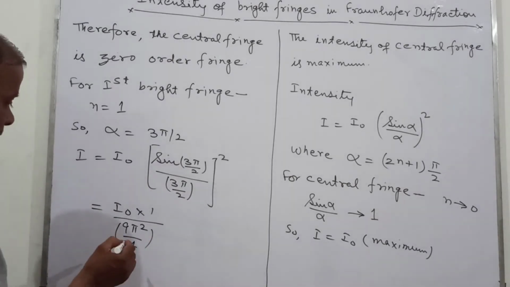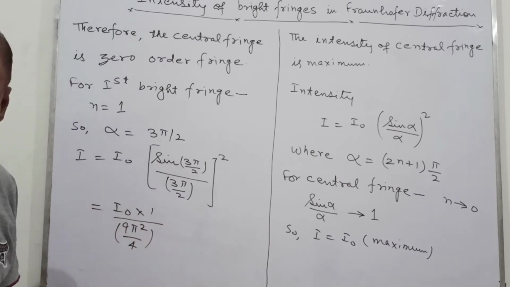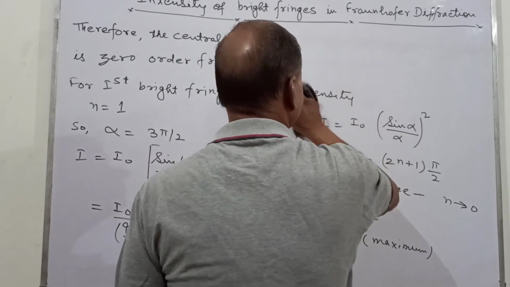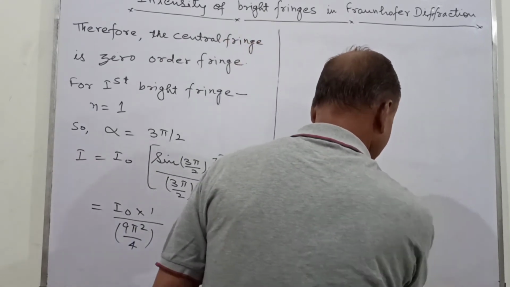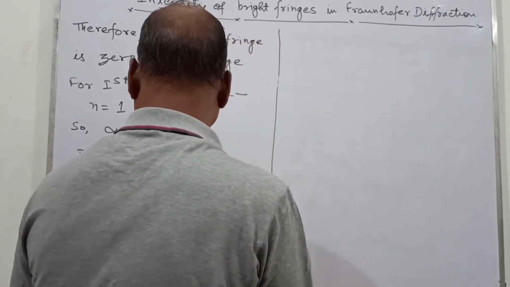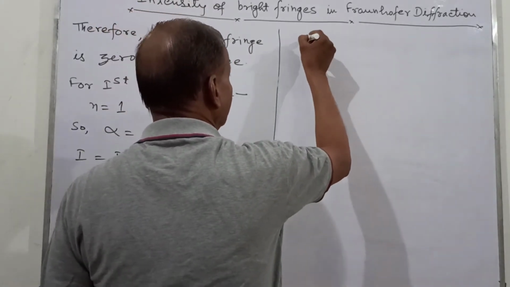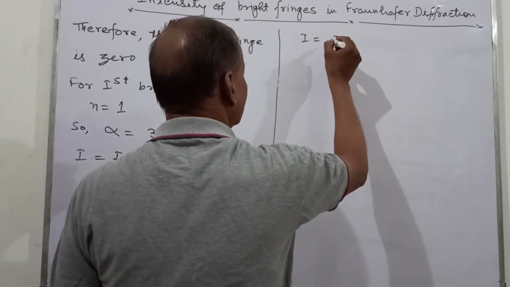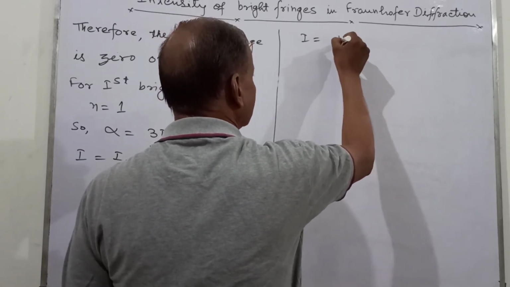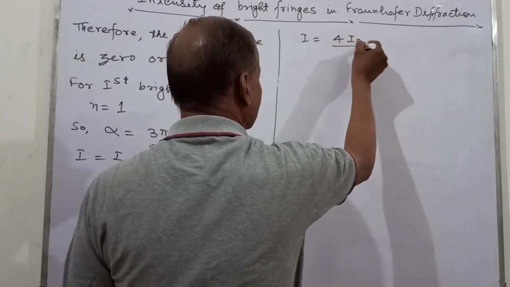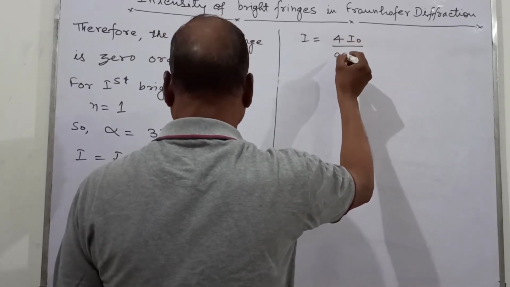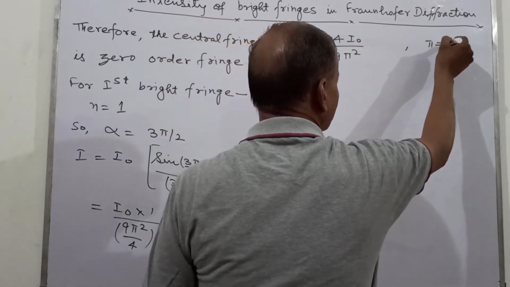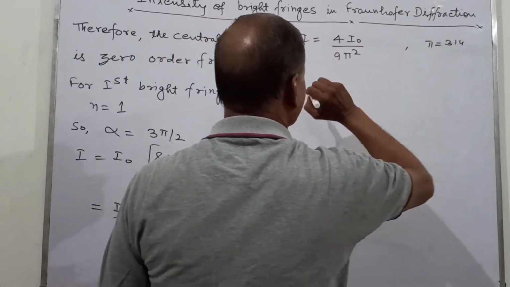So now you can have that this I is equal to 4 I naught upon 9 pi square. And pi, we know that this pi is equal to 3.14.